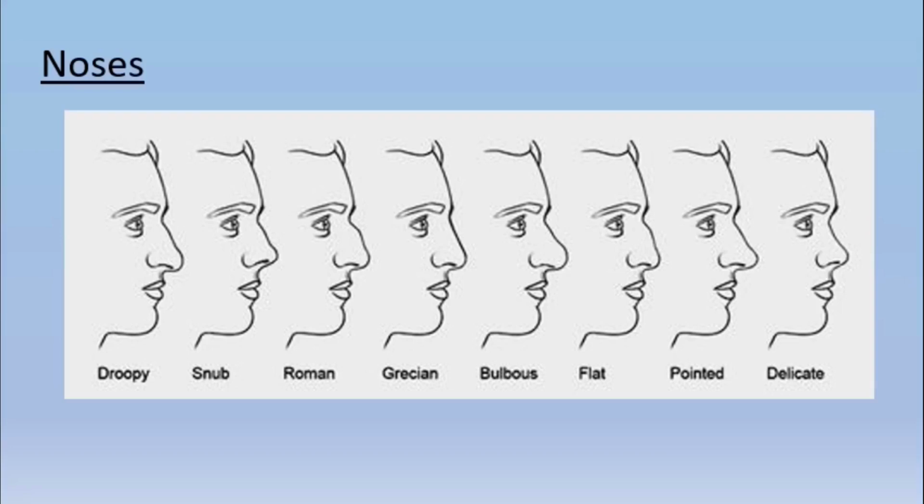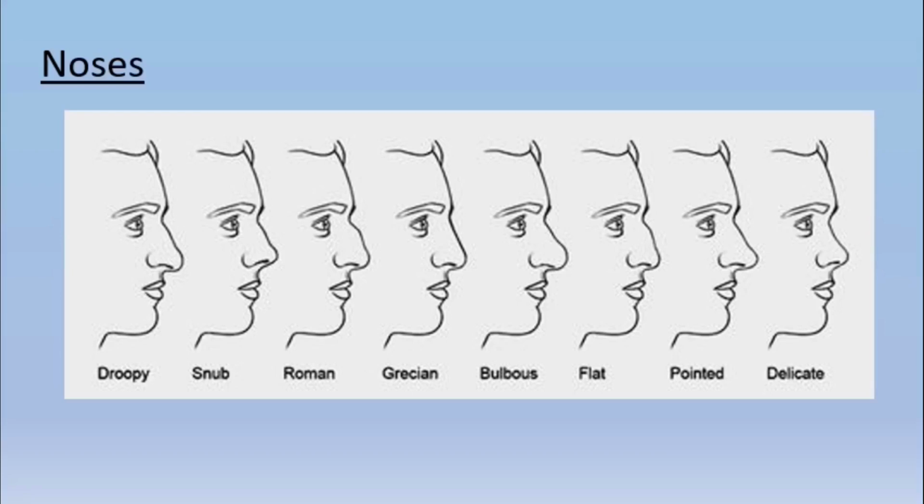That means it's round on the end. Flat. There's not much of an arch. The nose is rather close to the face. Pointed. At the end of the nose, it comes to a sharp point. And delicate. That can sometimes mean small and petite.